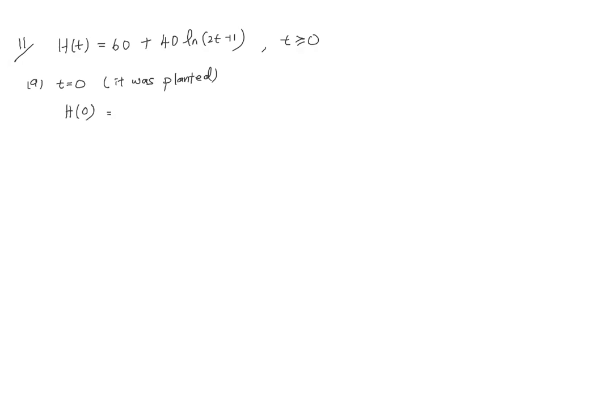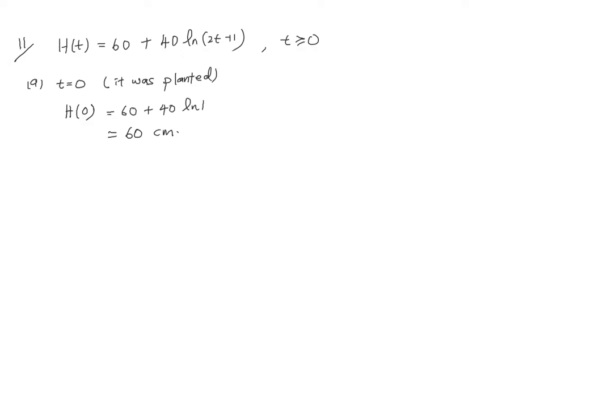Okay, so what is the answer? What is the answer, Carol? 60, miss. 60, because t equal to 0, correct? 40 ln 1, ln 1 is 0. So 60. Remember, 60 cm.